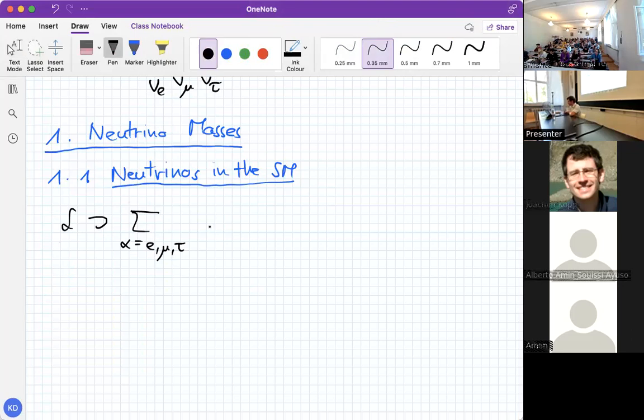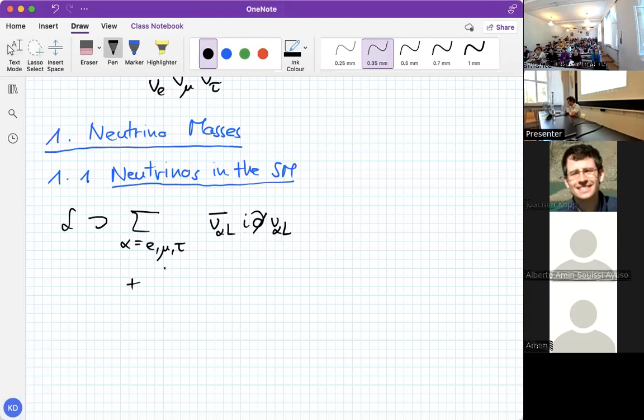There are, of course, the kinetic terms of the neutrinos, which look like a standard kinetic term of a fermion, nu alpha L bar, i d slash, nu alpha L. The subscript L here indicates that we are talking about left chiral fields, because the standard model itself does not contain right chiral fields.